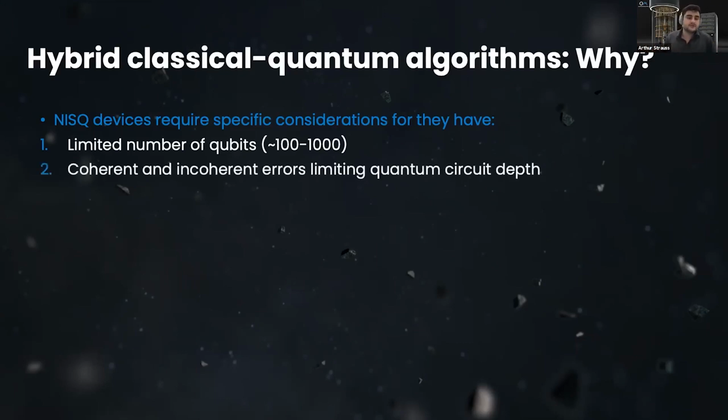The second constraint is the coherent and incoherent kinds of errors that arise in the hardware, so we have to account for this. And if we want to compute real algorithms, we have to account for limiting the depth of the quantum circuit, because the errors will make your circuit worse and worse as soon as you want to make it very large, very deep.